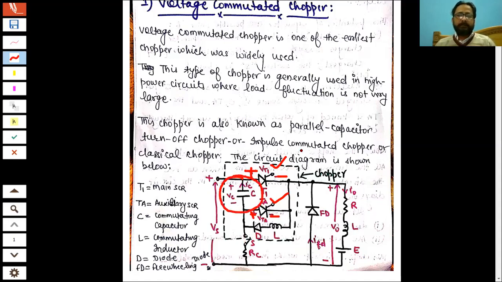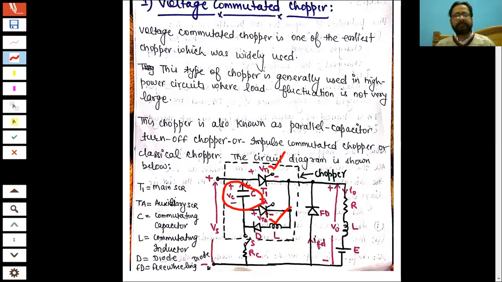The most important thing here is to know about this particular element, which is the capacitor, because one of the names of this particular chopper circuit is also parallel capacitor turn off chopper. That means this particular capacitor will play a very important role in turning off this SCR or turning off the auxiliary SCR.